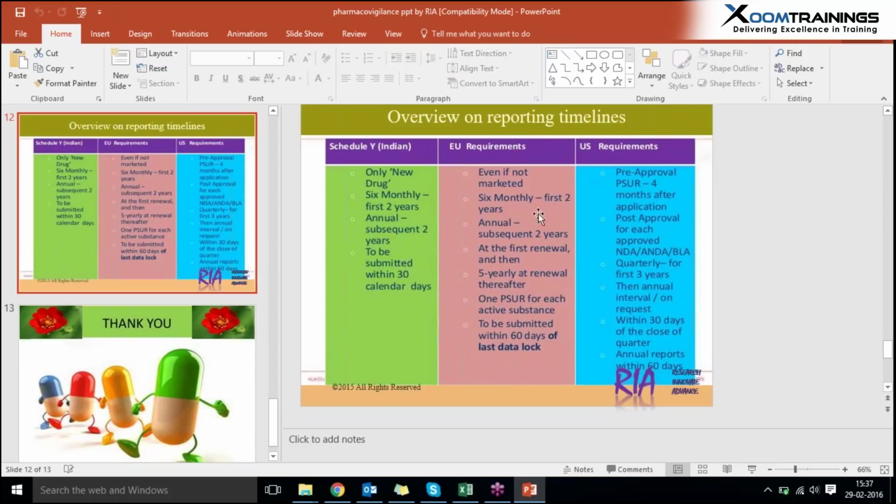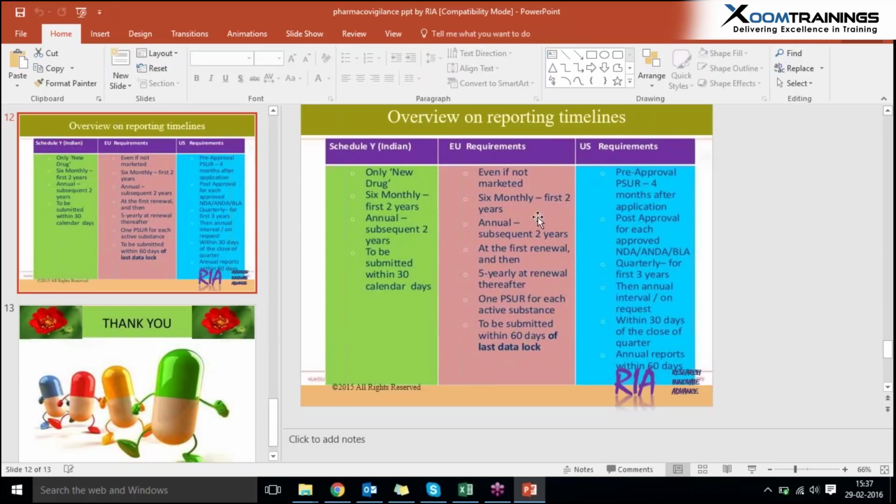In case of the EU, European requirements, even if the drug is not marketed, if it is getting adverse events, definitely that should be reported to the authority. 6 monthly for the first 2 years, every 6 months we are going to report. The subsequent 2 years annual, at the first renewal and then 5 yearly at the renewal thereafter.